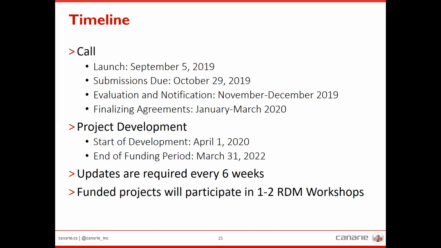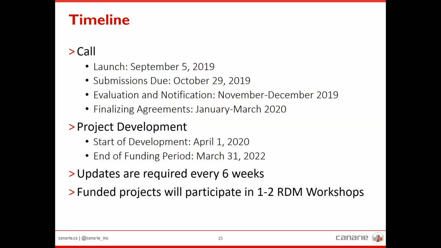Once those proposals are in, the Canary team does their work and packages the submissions to be considered by a review committee of peers. That evaluation happens in the November-December timeline. Once those recommendations are approved, notifications are sent to both the unsuccessful applicants as well as the successful applicants.